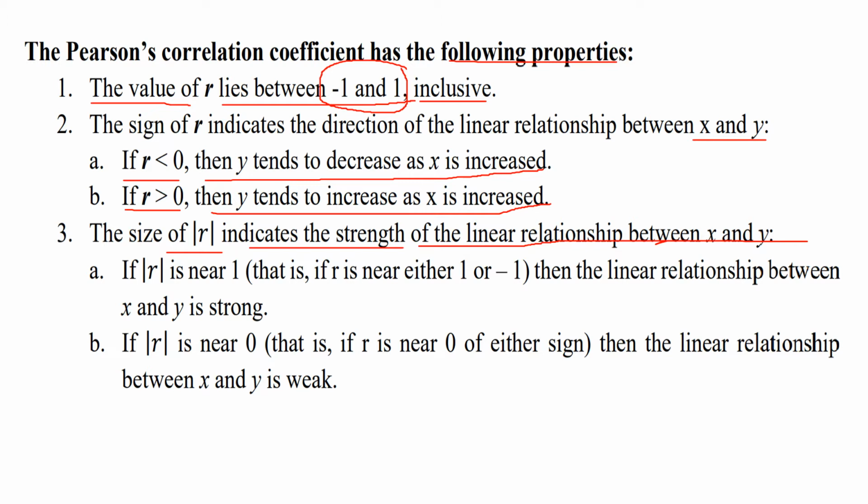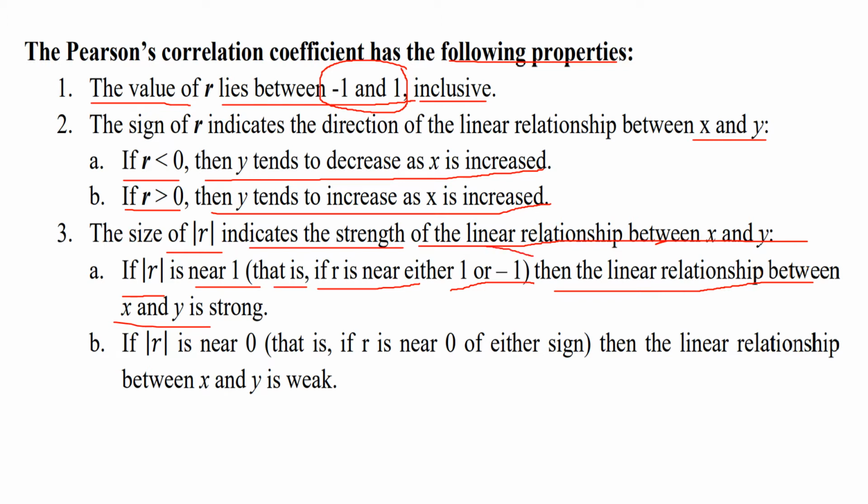Whatever the absolute value of this one, if your computed r is -0.65, then the value of your strength is 0.65. That's the absolute value of your -0.65. If the absolute value of r is near 1, that is, if r is near either 1 or -1, then the linear relationship between your x and y is strong.